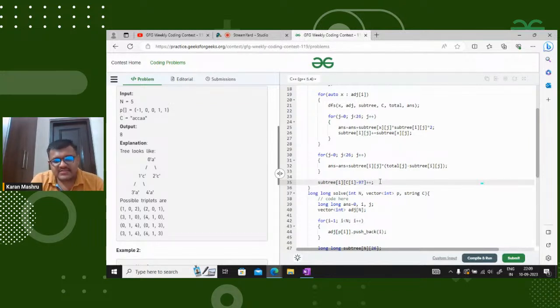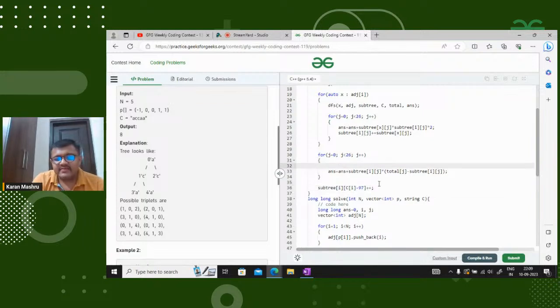So this is the answer one. Now basically also here we need to change a bit, like there might be an if statement, because we are adding this count afterwards. So I can say if c of i minus 97, that is the current node's character, is equal to j, then that should also not be counted because that's the middle character.